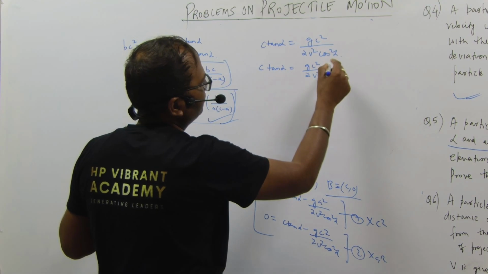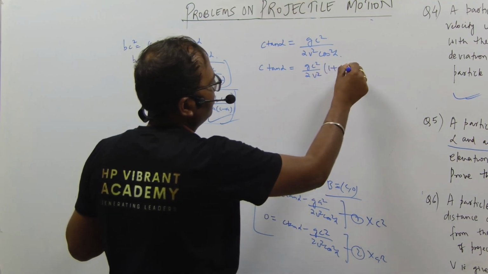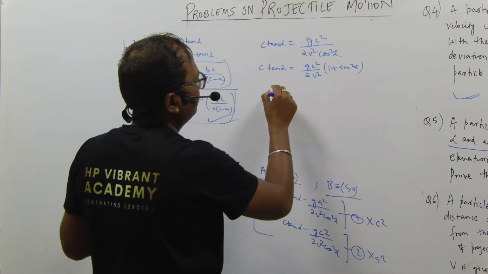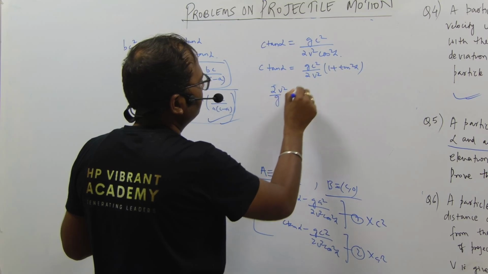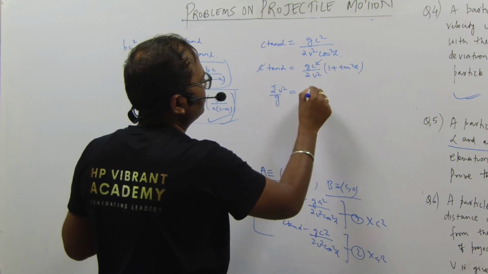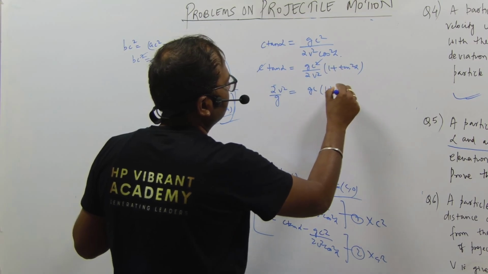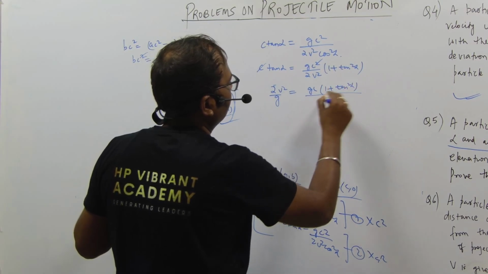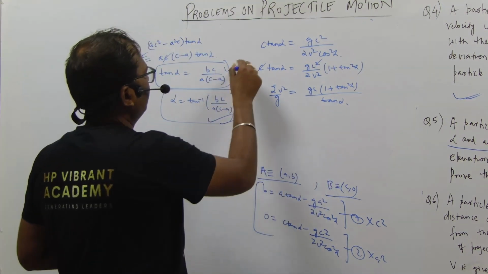So we have c tan alpha is equal to gc square upon 2v square times 1 upon cos square alpha, which is sec square alpha, and sec square alpha is 1 plus tan square alpha. So we have 2v square upon g is equal to, this c gets cancelled, so gc into 1 plus tan square alpha upon tan alpha. Let us put the value of tan alpha from here.